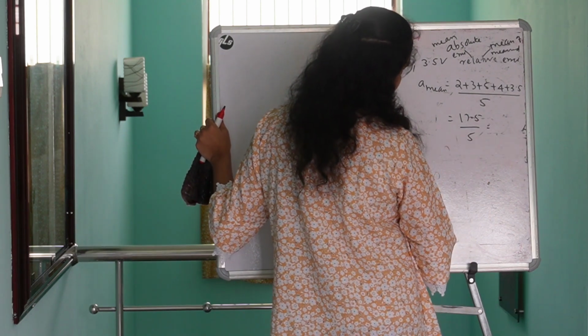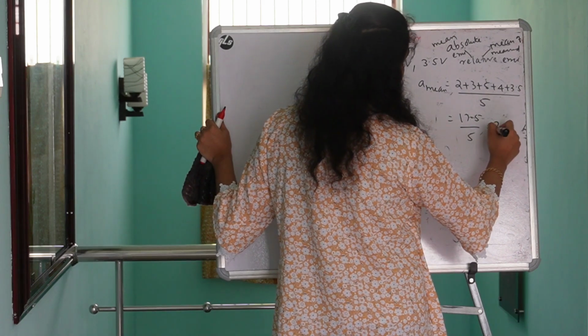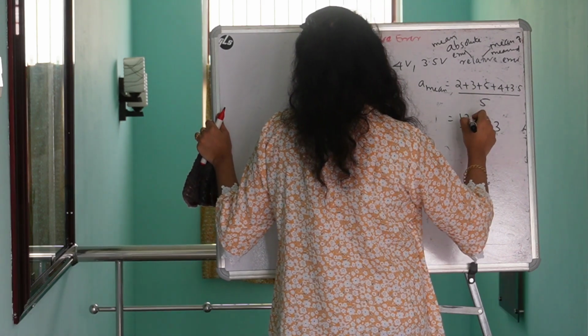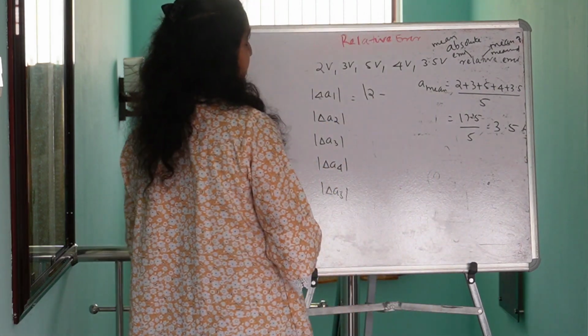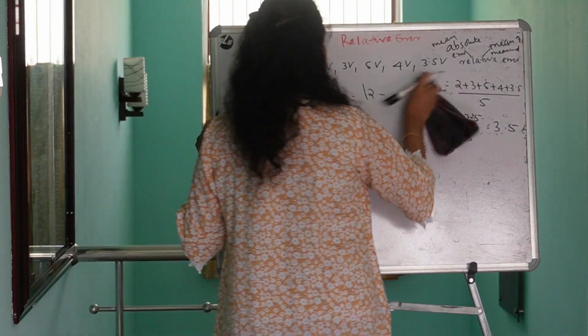So here I will get 3 and balance 2, that is 3.5. Here the average or the actual value is 3.5.